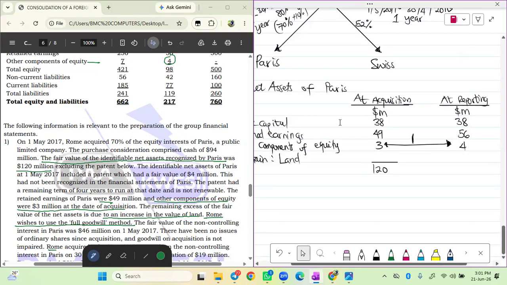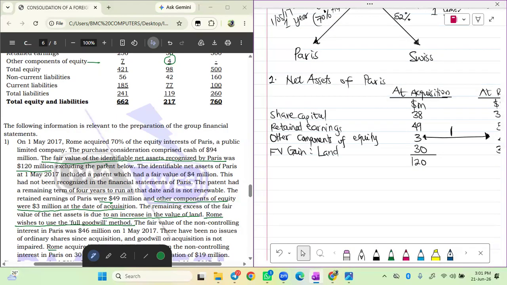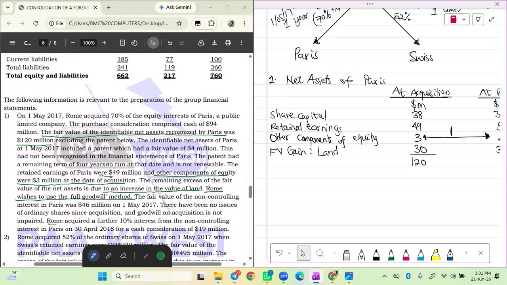So what is this? 30. The difference is 30. So that will be recorded at both acquisition and at reporting. All right. Now we have to take note of what? The patent, because the identifiable net asset that gave us 120, they said it excluded the patent.